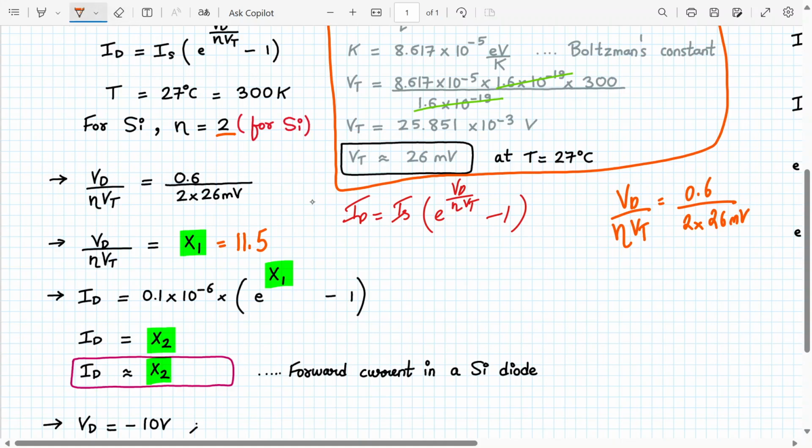Put it in your calculator. You know how to do e raised to something, right? This e raised to 11.5, as you said.